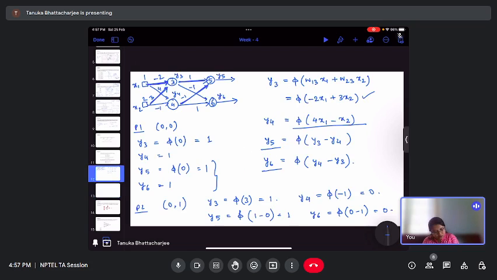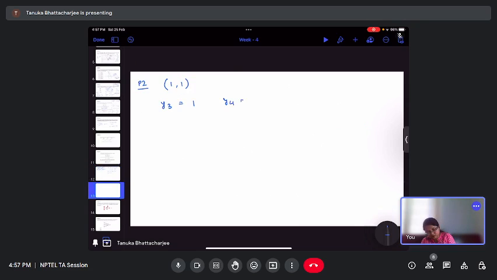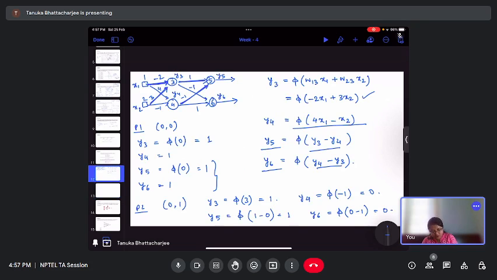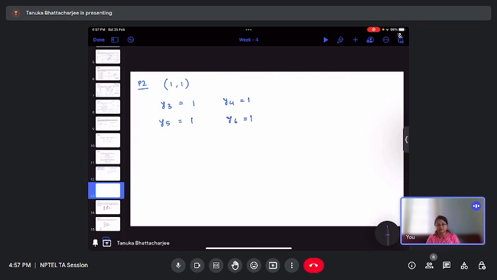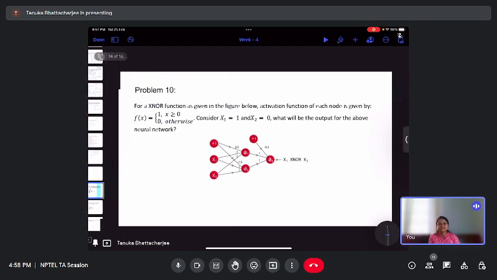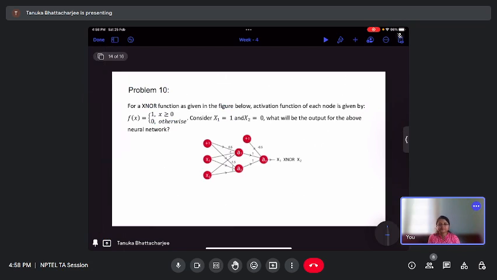And your y4, again with 1 1, is phi of 3, so y4 is also 1. y5 and y6 both will be 1 because y3 and y4 are equal, so both of these go to 0, and phi of 0 is 1, so your output will be 1 1. Similarly, you can compute for 1 0 also. So, this is how you compute the output when you have a multi-layer neural network.